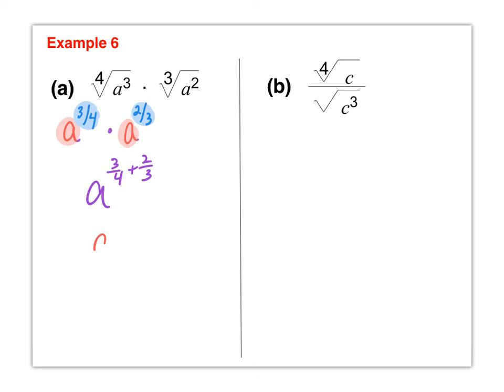Then we can add those exponents together. 3/4 plus 2/3 is 17 over 12. So we can leave our answer in this form, as well as writing this as the 12th root of a to the 17th power.